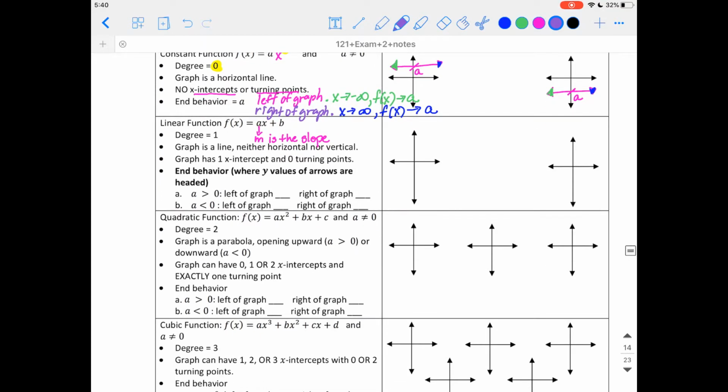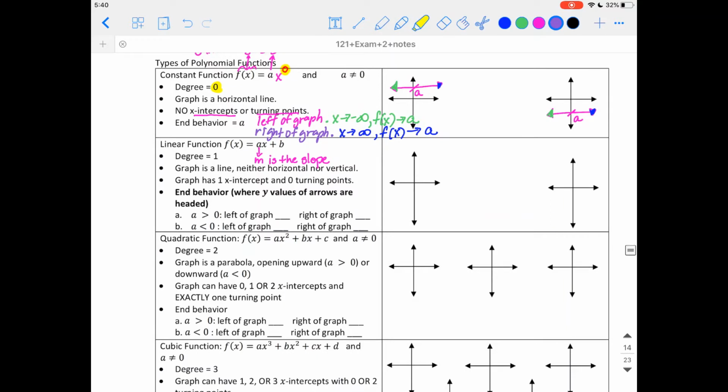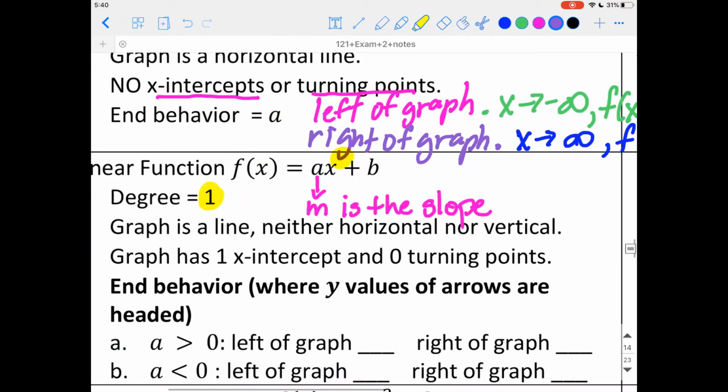Okay, so the degree is 1. Where did the degree of 1 come from? The degree of 1 is because it's technically x, and I can zoom in here. The degree of 1 is because it's technically x to the understood power of 1. So that g is in the way, but I'm going to fix it.